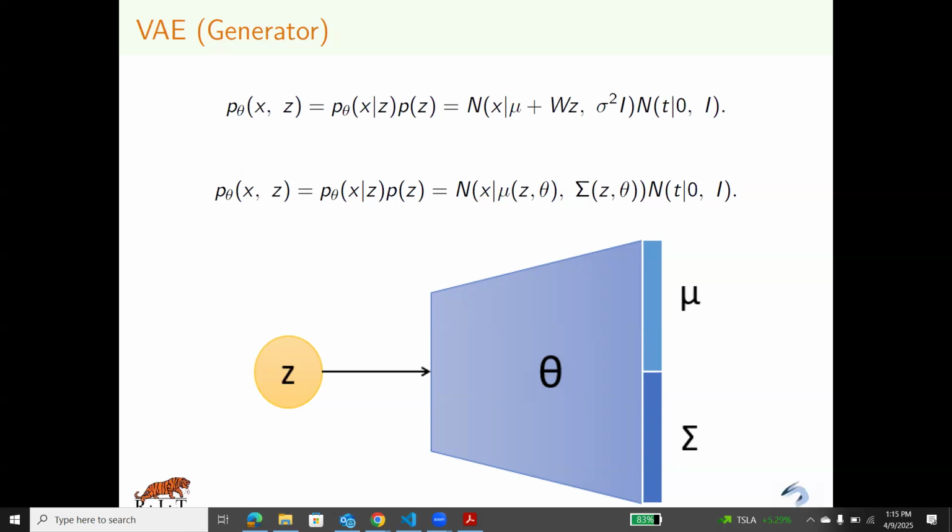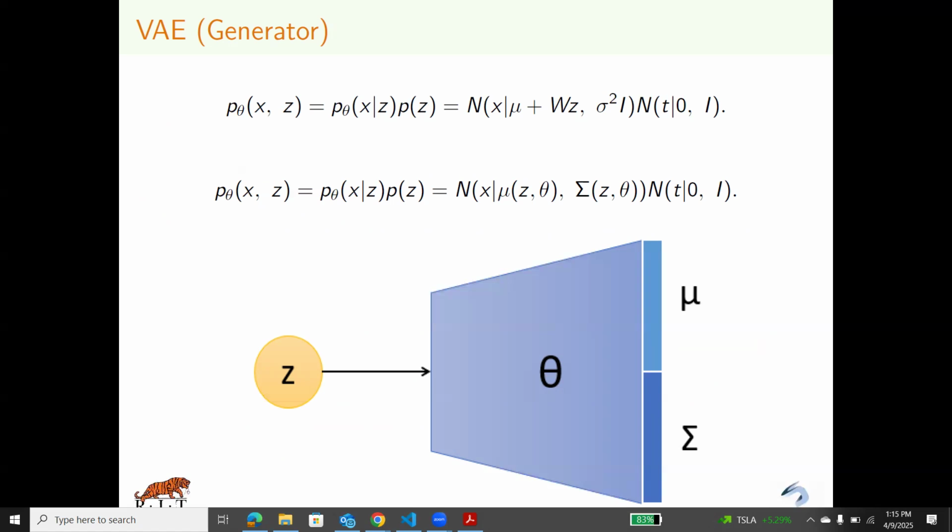So instead of mean as a matrix and variance as a number, we will use one neural network, but in its output, we will have two sets of parameters.